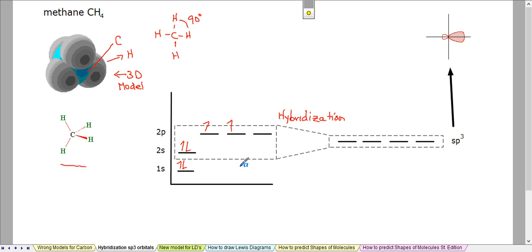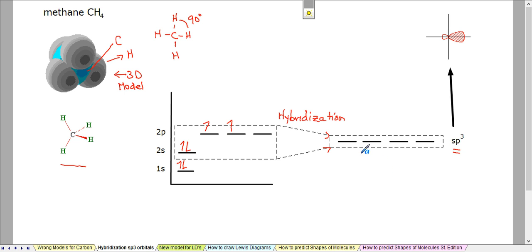And what hybridization means is that we take an s orbital and the 3 p's, and we steal a little bit of energy from the p's to bump up the s, and we drop down the p's just a little bit. So you can see that we've got a drop down and a bump up, and what we end up getting is what we call the sp3 orbitals.